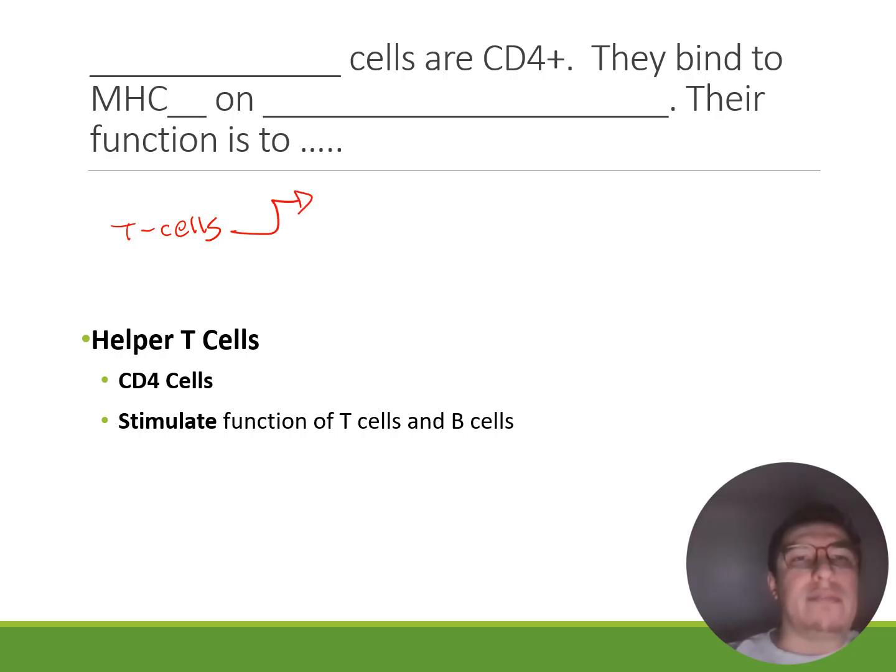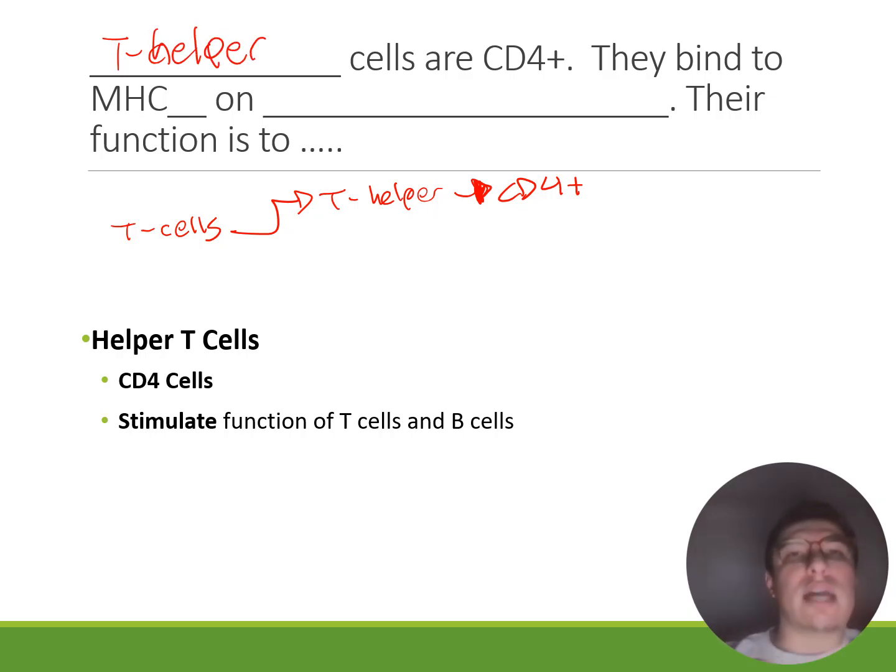We have T helper or CD4 cells, which are very important because they go on to stimulate B cells for antibody production. T helper cells are CD4, and that is because they have a CD4 receptor on the outside of them. That is what CD4 is.